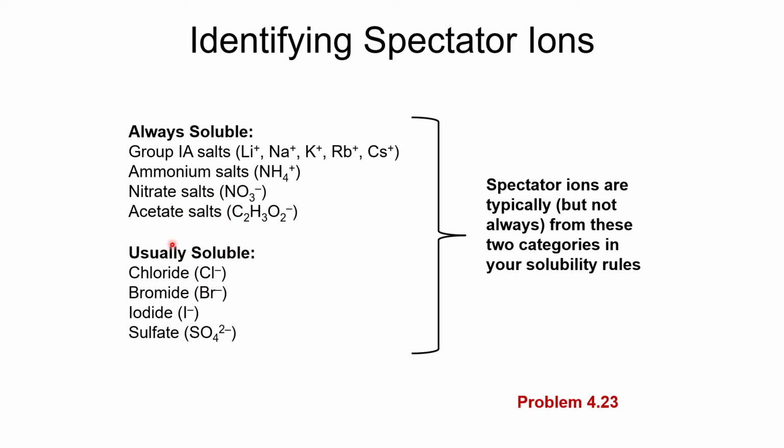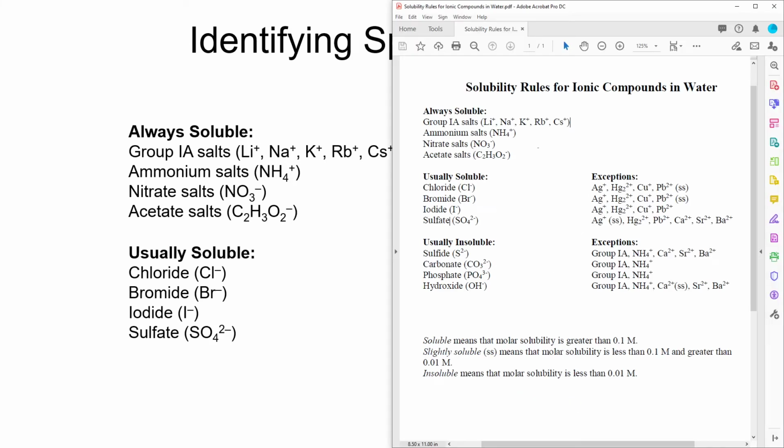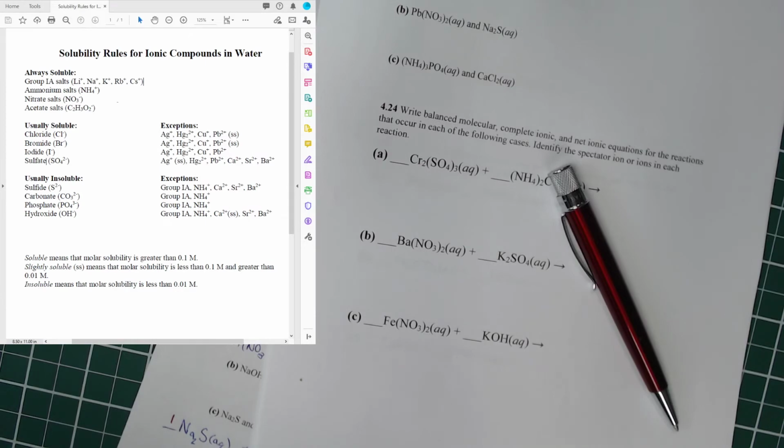Now, in the reactions that we're doing right now, we're going to have two spectator ions, but we'll see some reactions later in the chapter that may only have one spectator ion. All right, so let's look at number 23. Again, I'm going to go to that split screen where I have that up, and there we go.